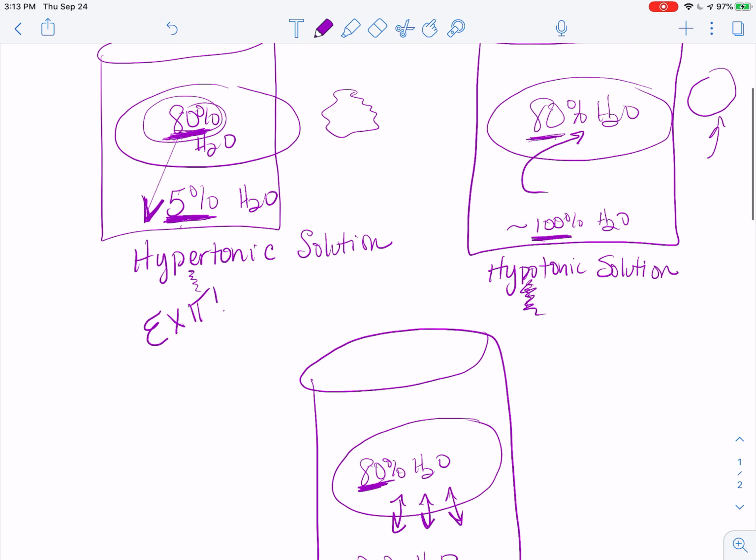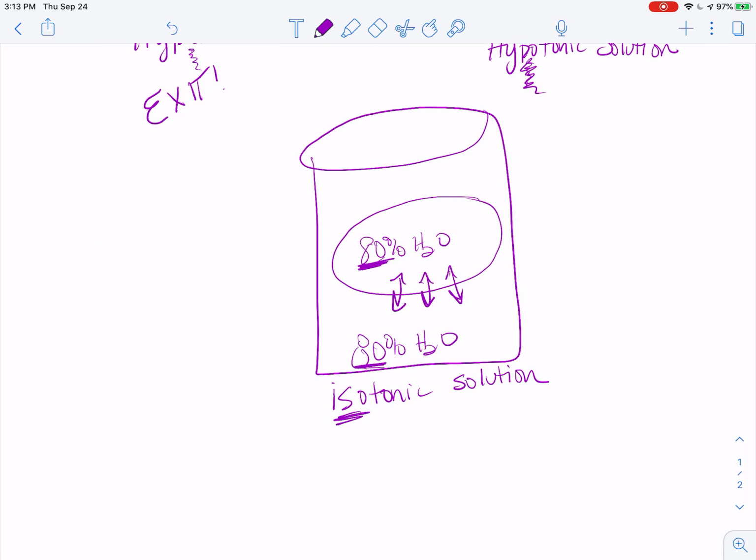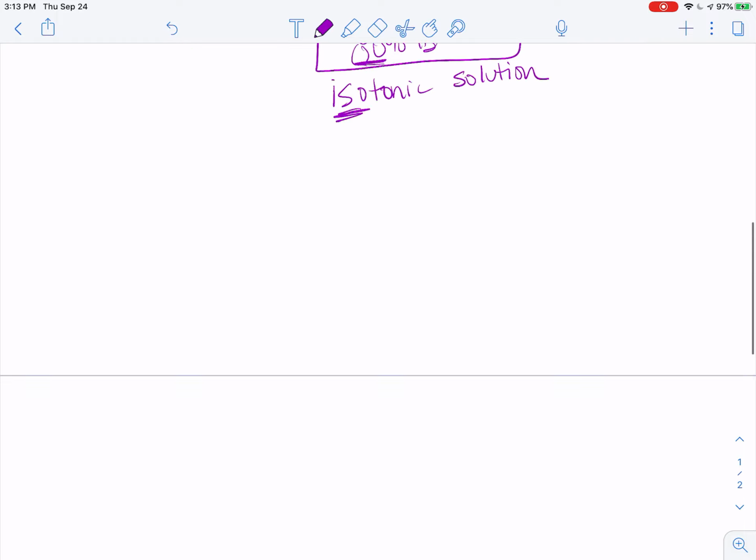It's going to make it nice and big, just like we saw right here. With hypotonic, we've got more concentration on the outside than the inside, and we're going to try to make it equal. So let's make it like 90-90, whatever that might be, and so water's going to move in. And then isotonic, iso is equal. We have an equal amount here.